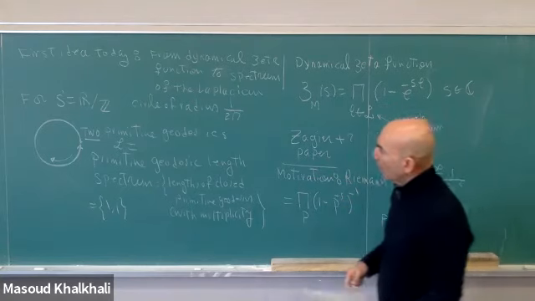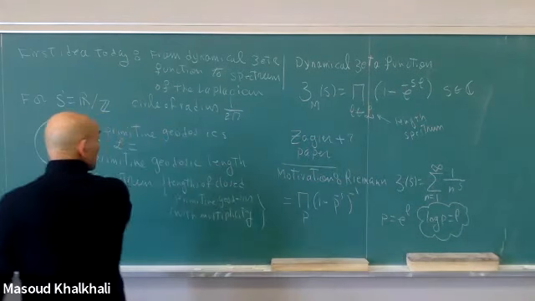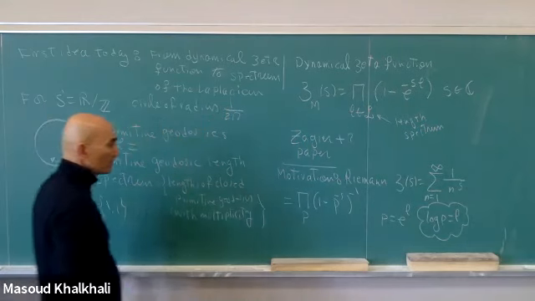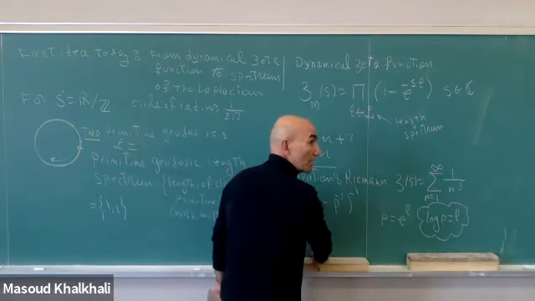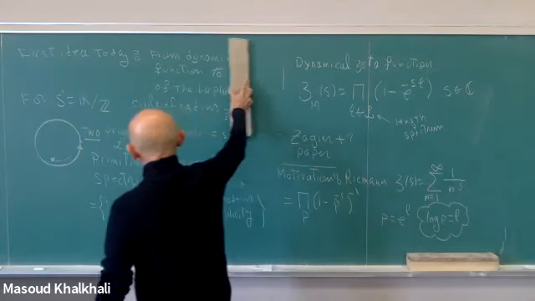Okay, so now, it's a very general idea, it's a dynamical zeta function. This is due to Riemann, as I said. But now in this case, it's very simple. We can compute it explicitly in this case.